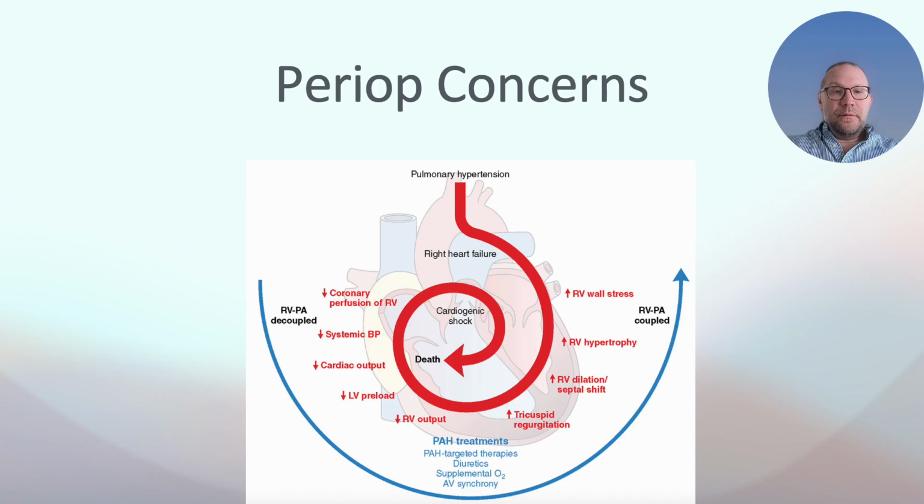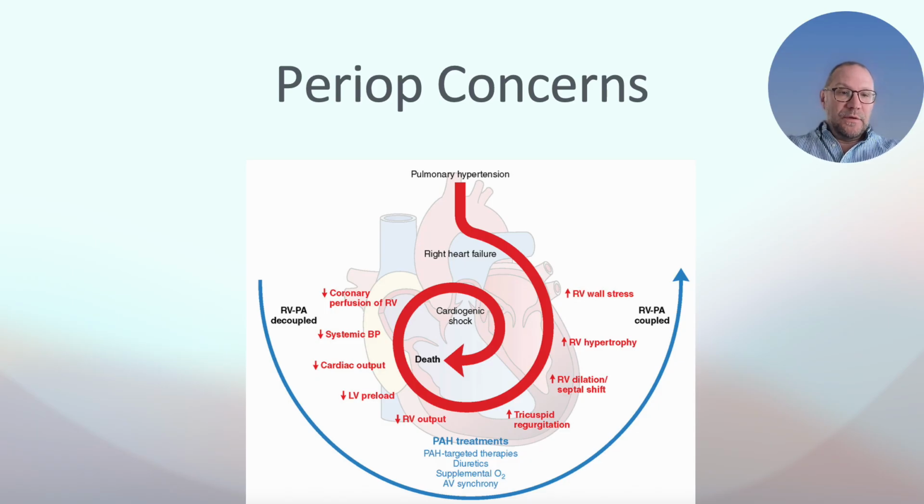And you see all those red hemodynamic markers that put a patient at risk for what's called decoupling between the RV and PA. And then that blue arrow that envelops it all, you have specific PAH treatments that might help you decrease your risk of either vast hemodynamic instability or potentially cardiac arrest.